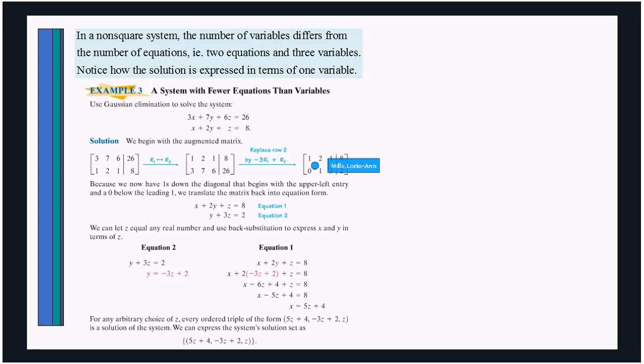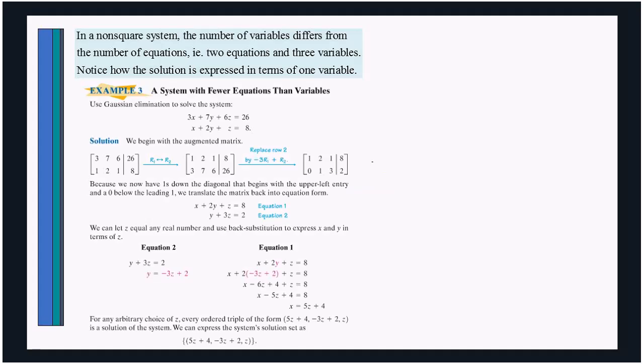So they try and get the ones in the diagonal and the 0 underneath as close as they can get. What this means is that because you don't have the last row, then Z is going to be any real number. That's what that means, that Z is going to be any real number you put into it.